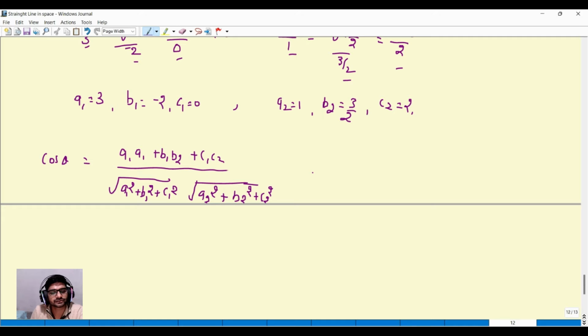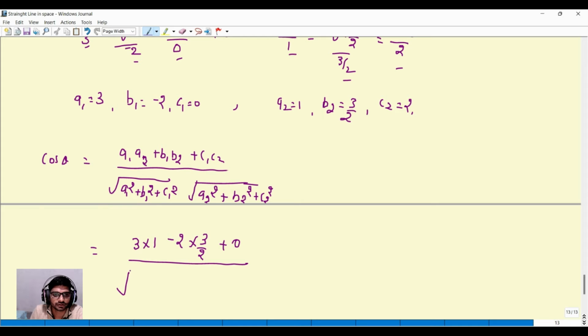So we can also find the angle by using the direction ratios. Just put the values of a1, a2. So 3 a1 a2 into 1 minus 2 into 3 by 2 plus 0, upon under root 9 plus 4, then 1 plus 9 upon 4 plus 4.